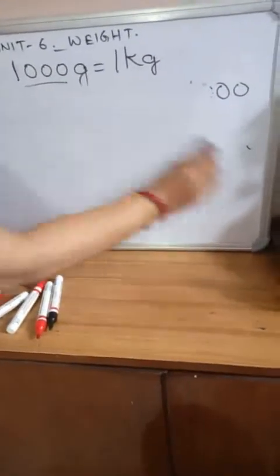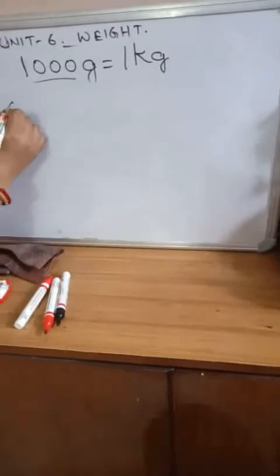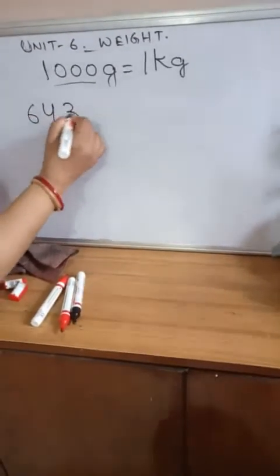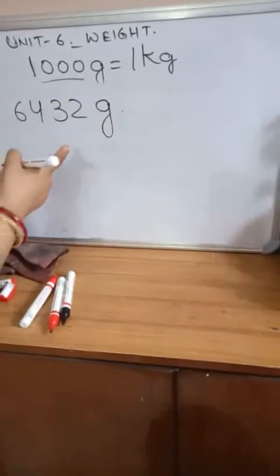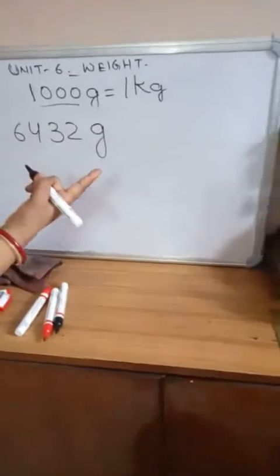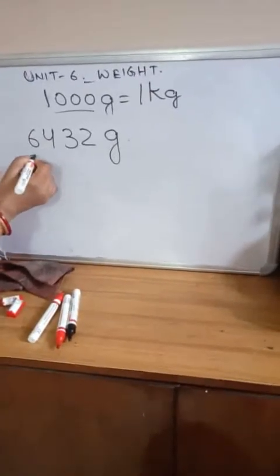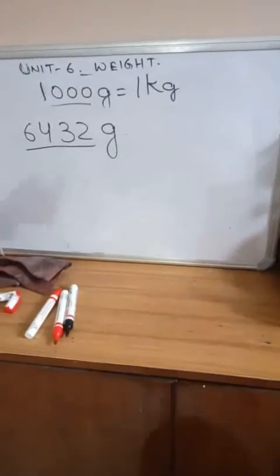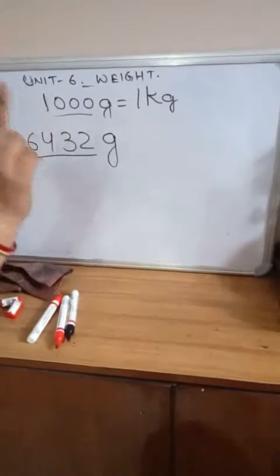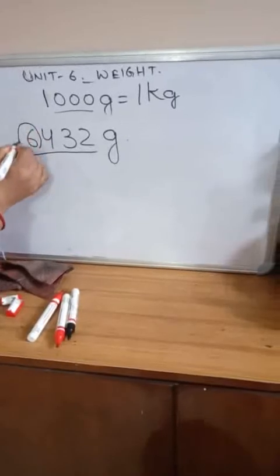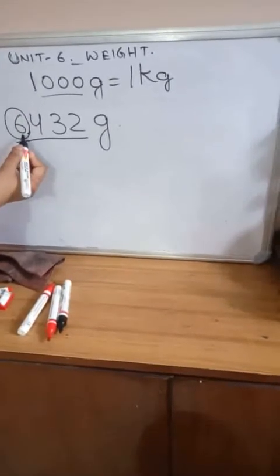Now let us take another example, 6432 grams. We have to convert it into kilogram and gram. What will we do? Firstly, we split this 6432 into two parts. We separate the greatest place value number. What is the place value of this 6? 6000.